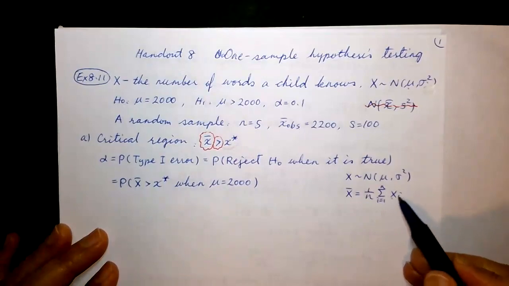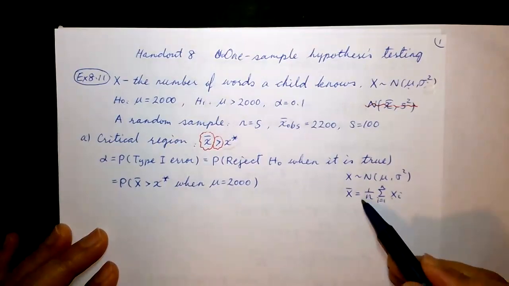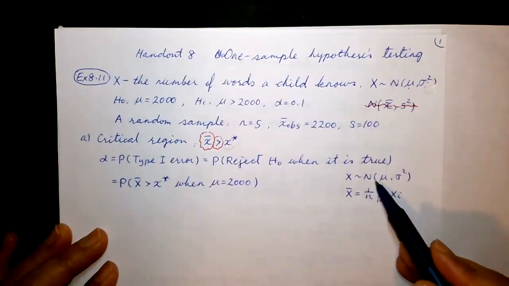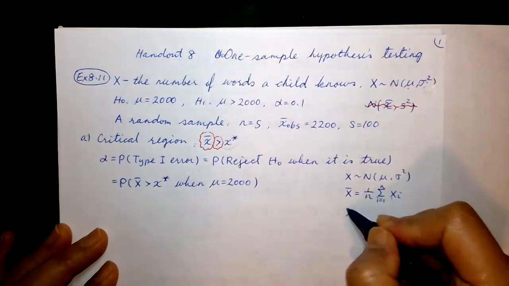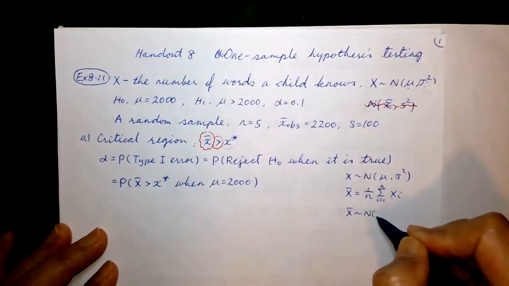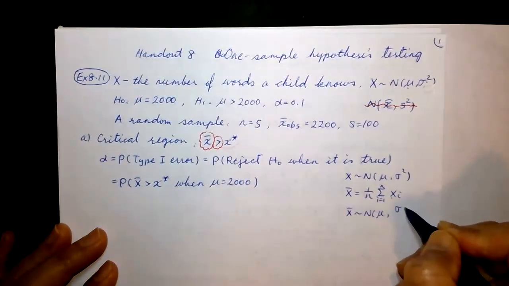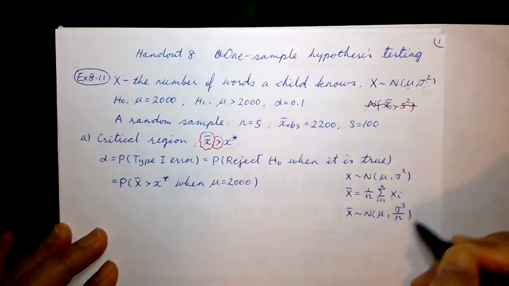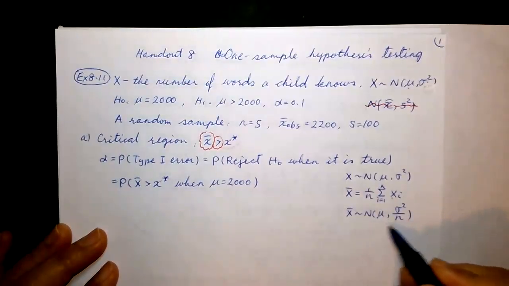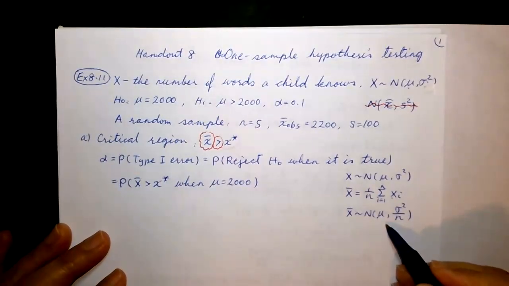We have the first child knows this many, the second one knows this, and you average them out. This is a linear function of normal variables, so it's normal. Handout 4, linear function of random variables, taught you all these.